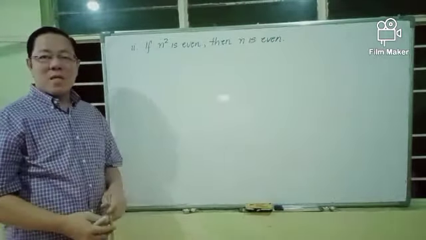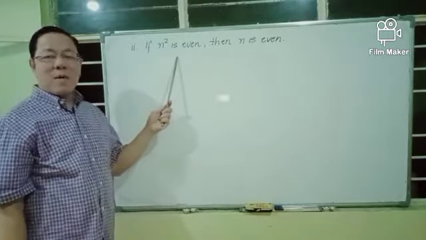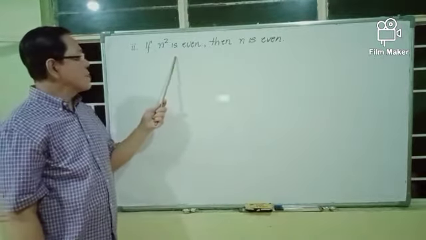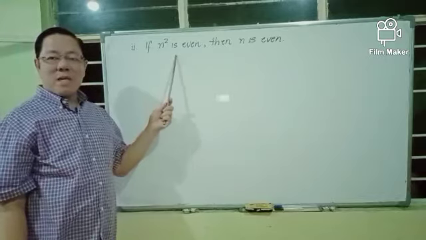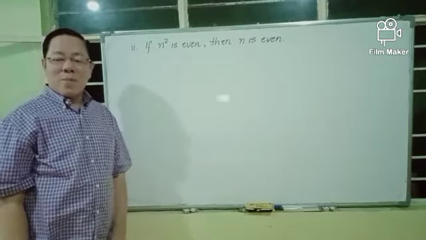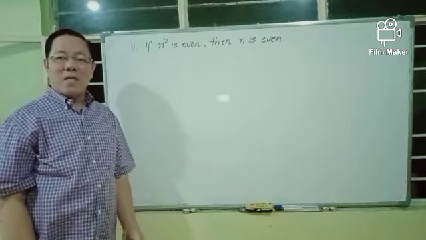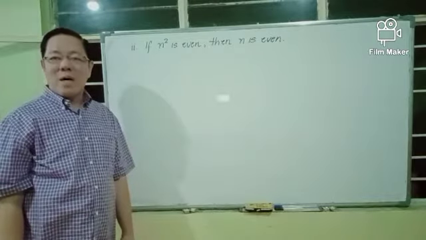And we make use of the given that n squared is even. By definition of even number, n squared can be written as the product of 2 and some integer, which we will denote by h.